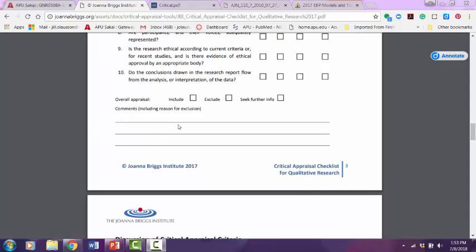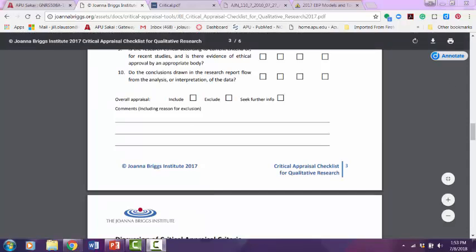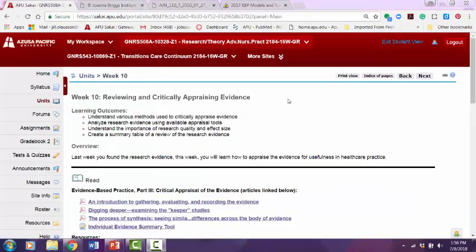You can put there if you're going to include it, and say robust study, or met all inclusion exclusion criteria, directly answers PICO, or seek further info, and why you're going to seek further info.